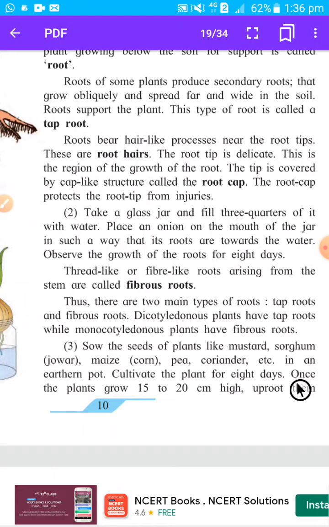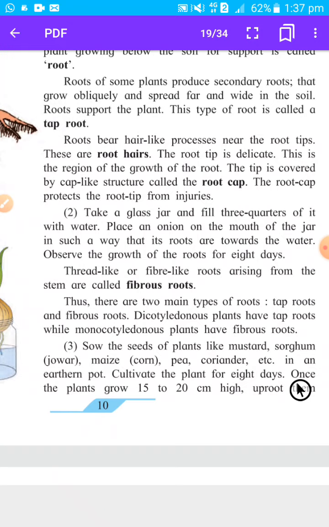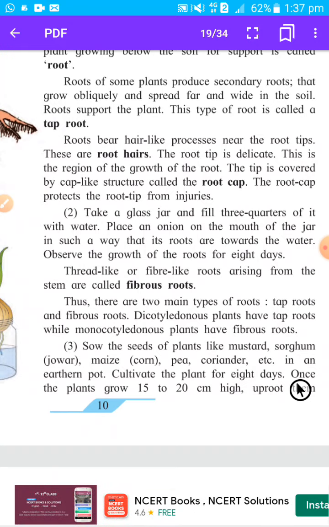Then again a small activity you can do at home. Take a small glass jar and fill it 3/4 with water. Place an onion on the mouth of the jar in such a way that its roots are toward the water.